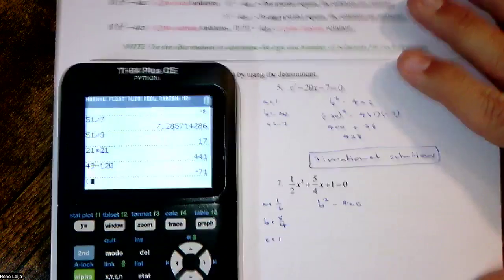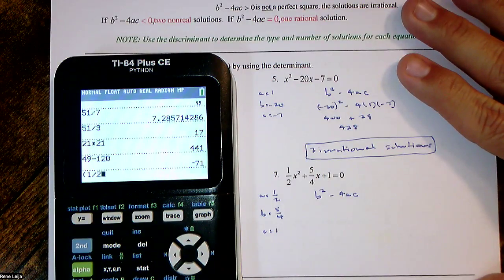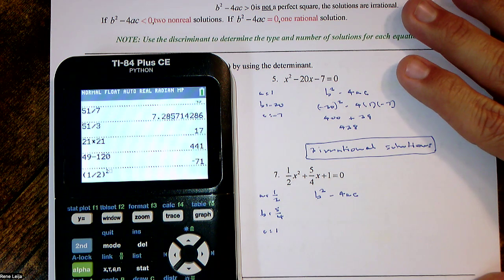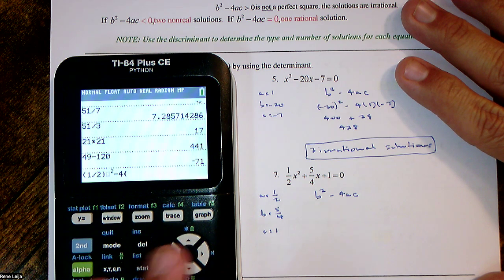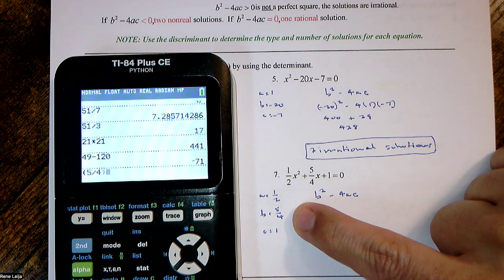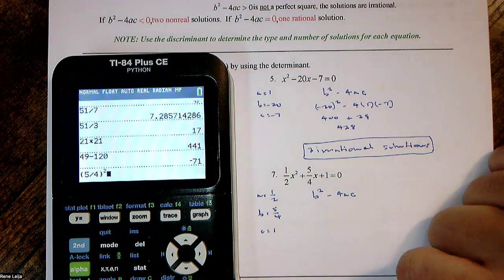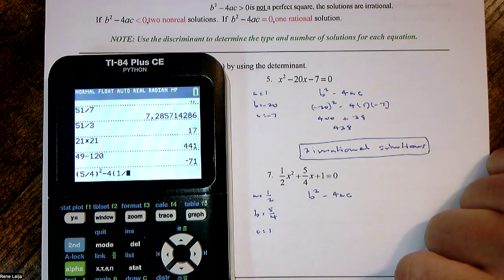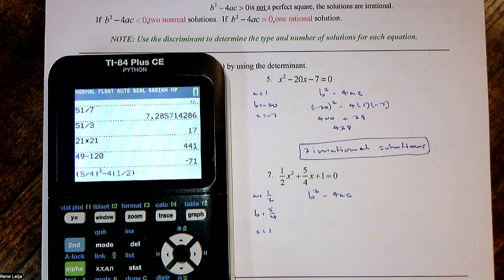So open parentheses, 1/2, square it, minus 4 times, oops, hang on a second, B squared. Let me wipe that out. B squared is 5/4, so 5 divided by 4, close your parentheses, then we're going to square it. So that's the B squared minus 4 times A, which is 1/2, times C, which is 1. Since it's 1, I really don't have to do this, but I'll put it in there.